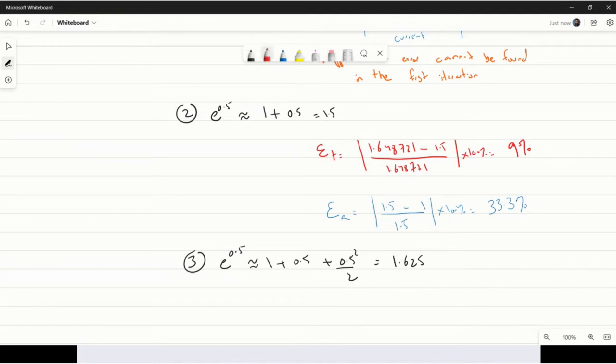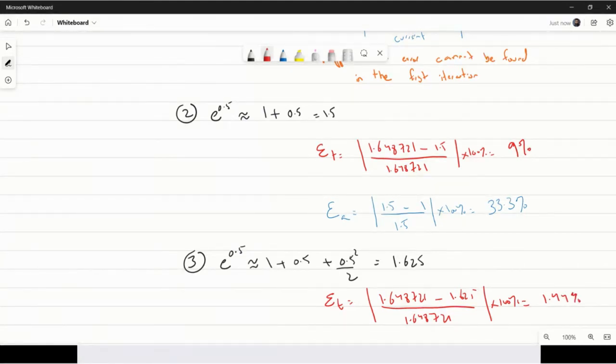That gives .625, and we can find our true error as 1.44%.